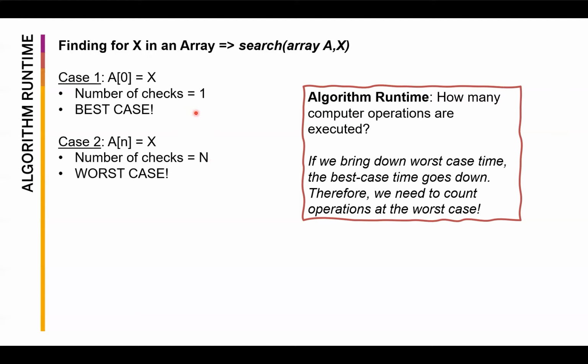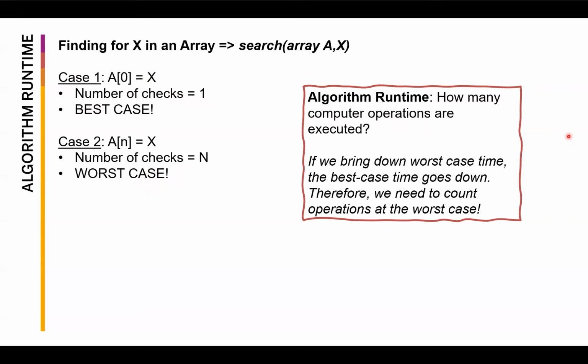We don't need to deal with the best case again, because if we bring down the worst case, we can also bring down the best case and make it more efficient as well. So we simply rely on the worst case scenario as the algorithm runtime for that algorithm. Now, what are these operations that we're talking about?